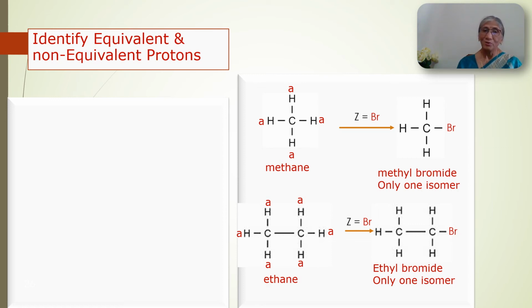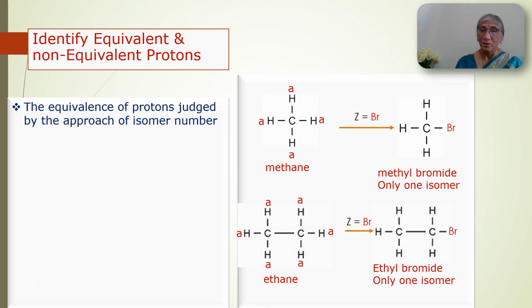Now take the example of ethane. Apply the same mechanism. Substitute every proton turn by turn by any substituent Z. Here the substituent Z is equivalent to bromine. So we get ethyl bromide, but again we get only one isomeric ethyl bromide, not 6 types of ethyl bromide.